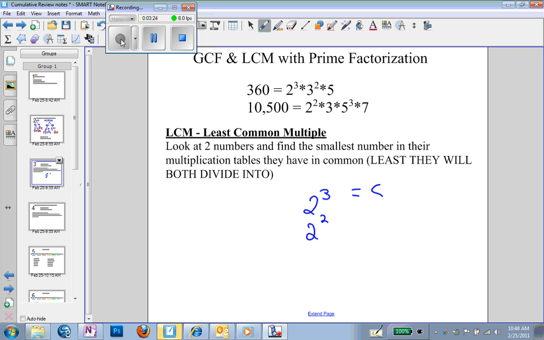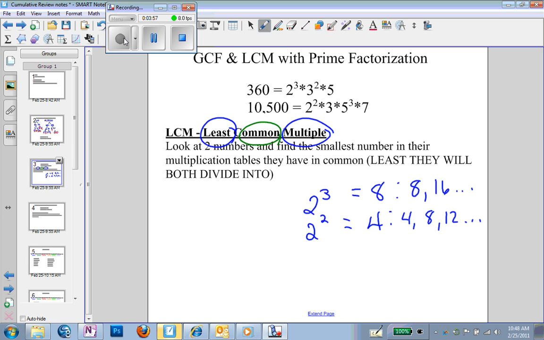2 cubed is the same as 8. 2 times 2 times 2 is 8. 2 squared is the same as 4. All right, so when we're trying to find the least common multiple, least is smallest. Multiple means in their multiplication tables. So I'm going to look in their multiplication tables. 8 times 1 is 8, 8 times 2 is 16, etc. 4 times 1 is 4, 4 times 2 is 8, 4 times 3 is 12, etc. I'm trying to find the number they have in common that is the smallest.